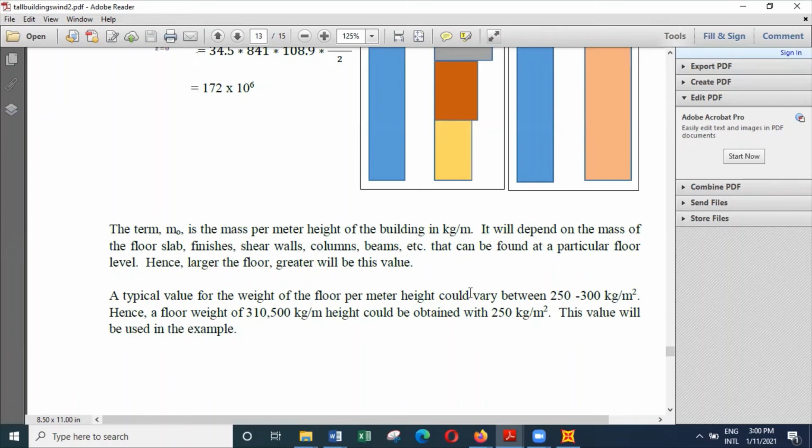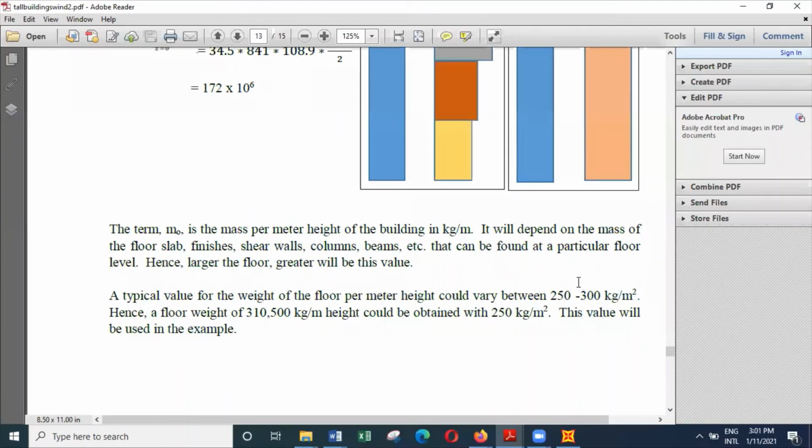Then you can get this number. And if you divide that number by the area of the building, then you can see where you stand, whether you are below this value or within this range or outside this range. But this is the general range.